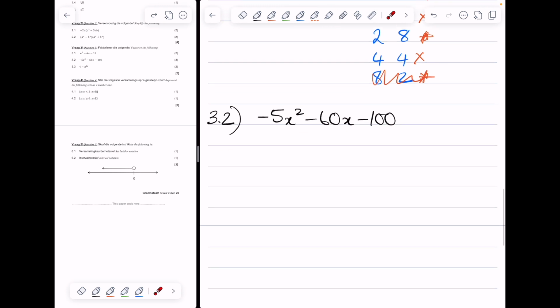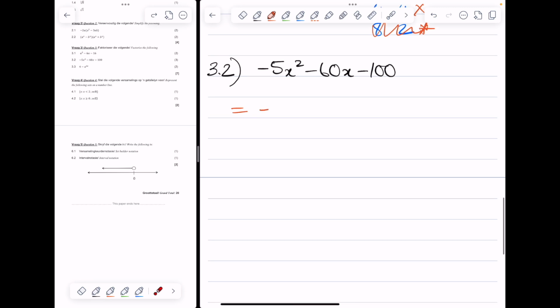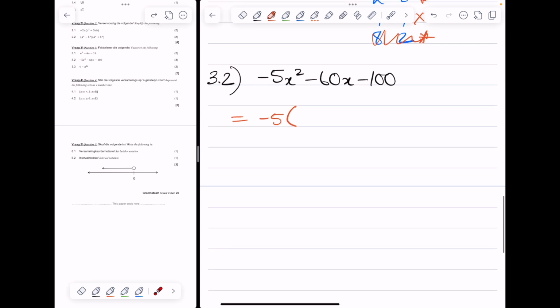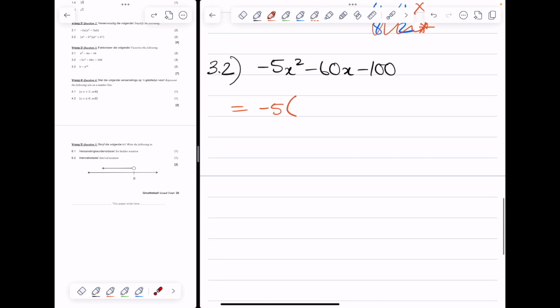And it seems like I can take out a 5, but not just a 5. If I notice that the negative, in fact, is also common, so I can take out the actual sign with the number. So I can take out negative 5. So if I take out negative 5 as a highest common factor, I have negative 5. If I open up the bracket, what remains, of course, if I divide negative 5 into the first term, I will be left with x to the power 2, or x squared.